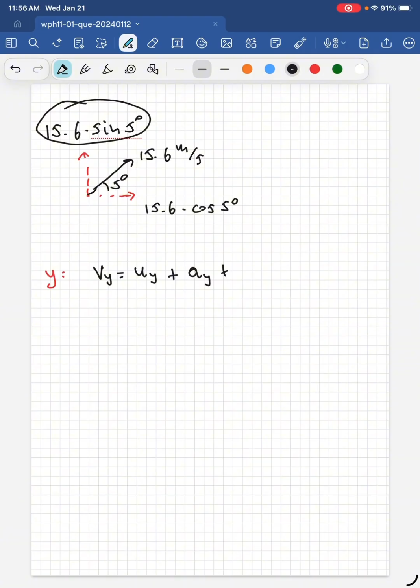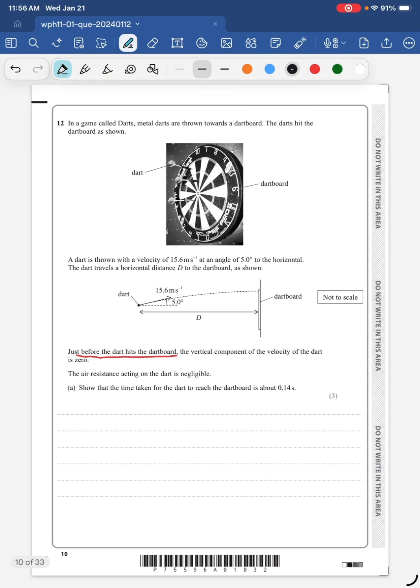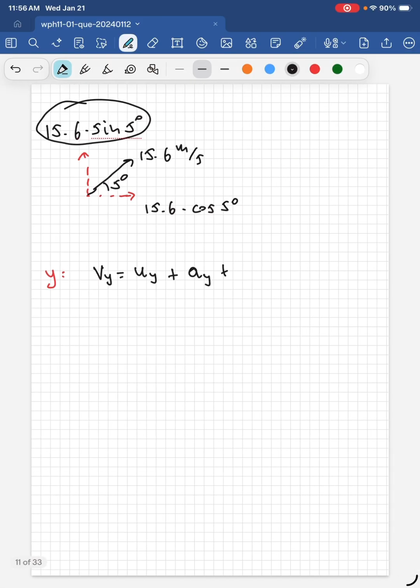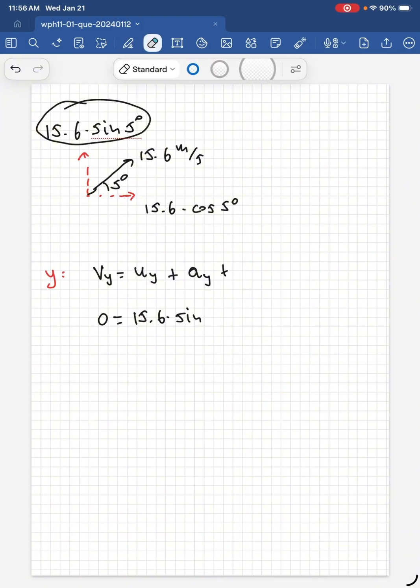What's the final velocity in the y direction? 0, because it says just before the dart hits the dartboard, the vertical component of the velocity of the dart is 0, okay? So 0 is equal, what's the initial velocity in the y direction? It's 15.6 times sine 5 meters per second. This is a 5, okay?